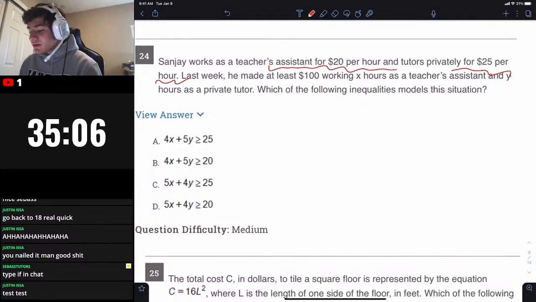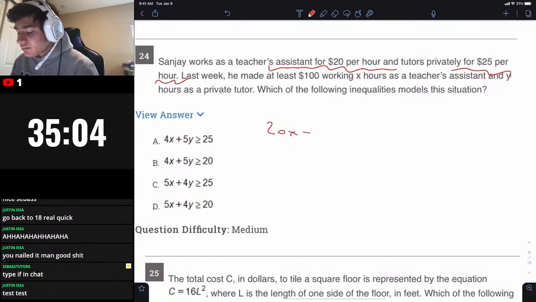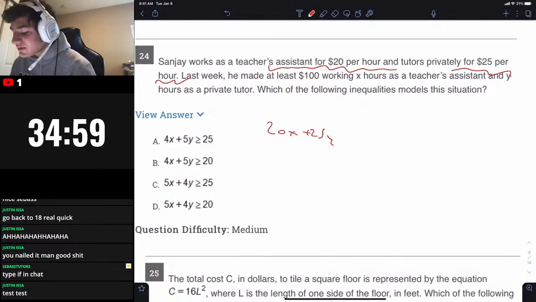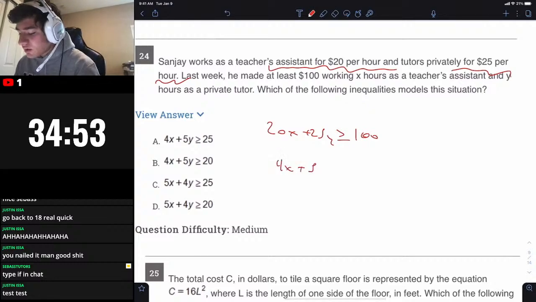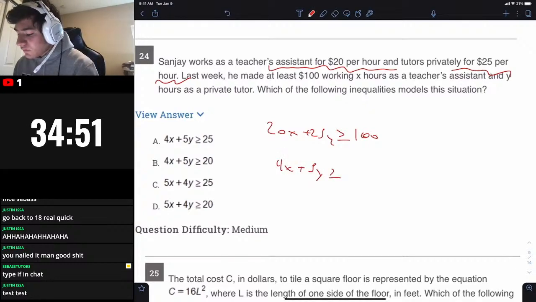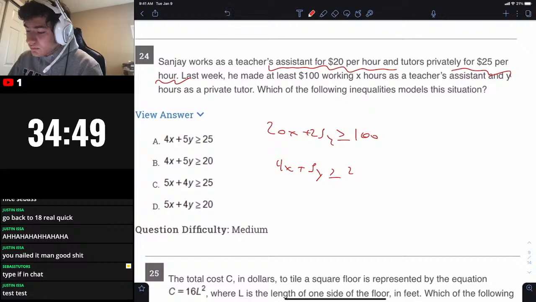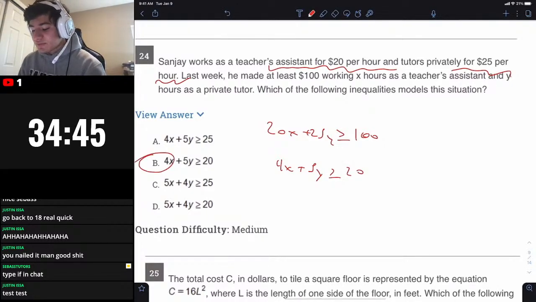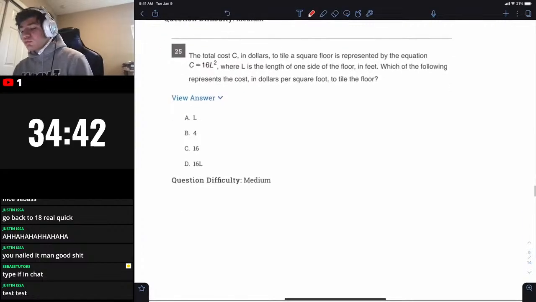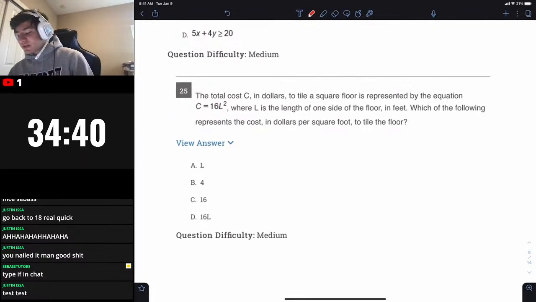X hours as a teacher's assistant. Okay, so 20x plus 25y is at least, so it's greater than or equal to $100. Divide everything by 5: 4x plus 5y is greater than or equal to 20. It's B.